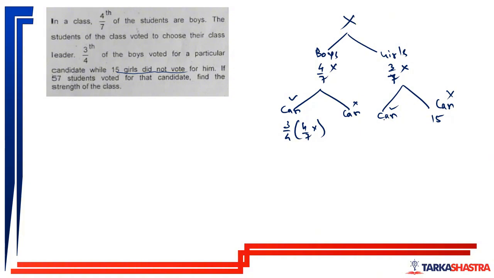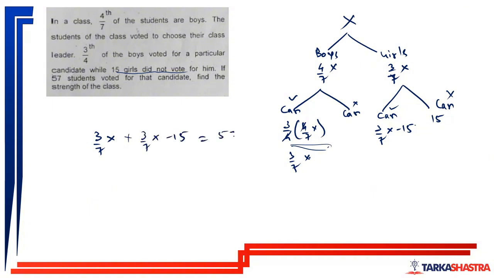Okay. So total boys who voted for the candidate are this much, and girls who voted for that candidate are 3/7 of X minus 15. This 4 also gets cancelled. This is also 3/7 of X. So boys who voted 3/7 of X, girls who voted 3/7 of X minus 15.